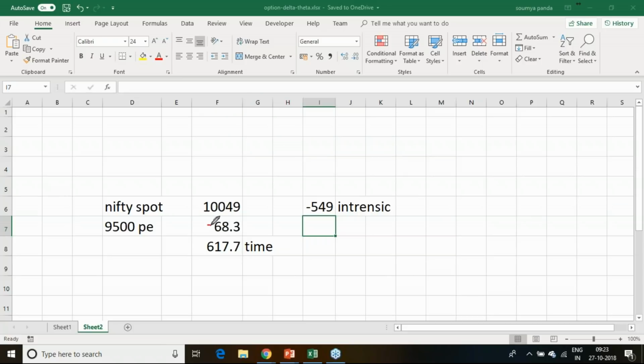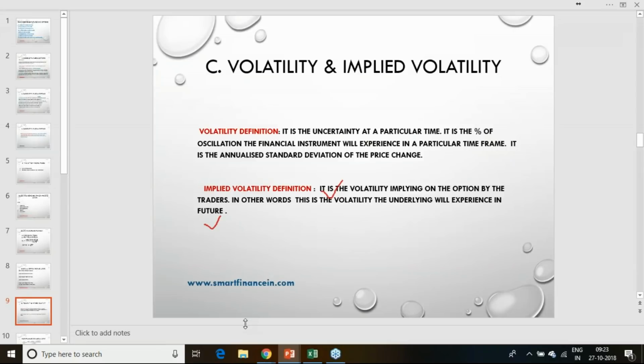Whatever value is there is the visible time value, and this 549 rupees of time value is invisible. It is not realized now. So this is the invisible component of time value, and this is the visible component. So these are the in the money, at the money, and out of the money options.